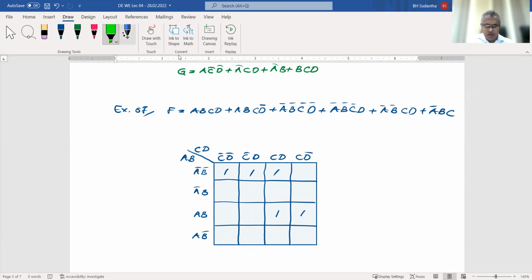This one is not a grid. It's an area. Again, it's a group. Okay, then what is A bar BC? A bar BC means this one.